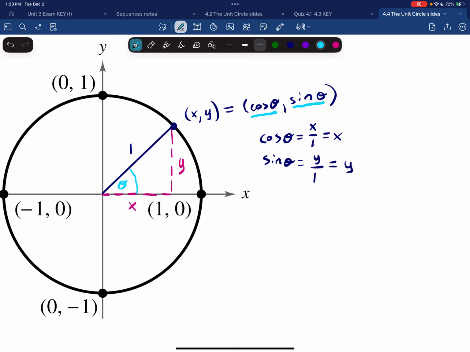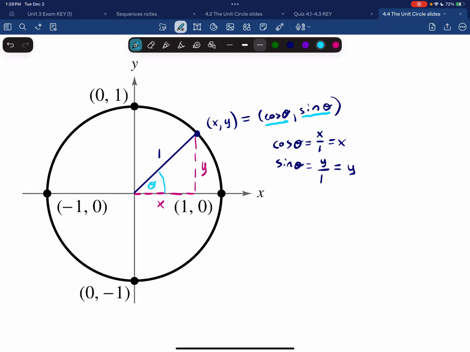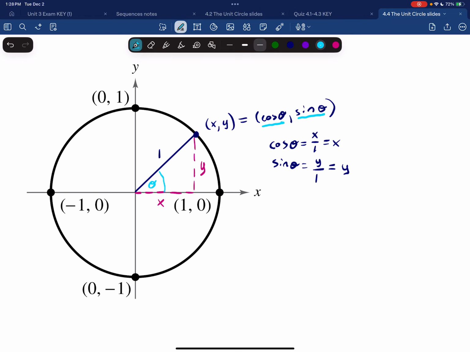So that's really helpful if we know certain values on the unit circle, because we can construct trig values out of those and solve different types of problems with those trig values, all right?